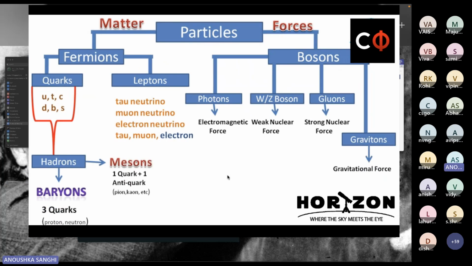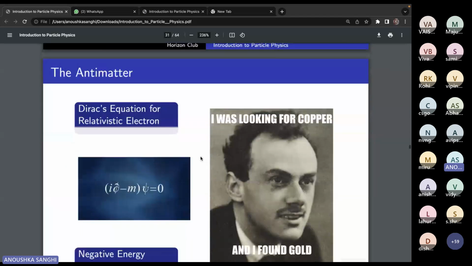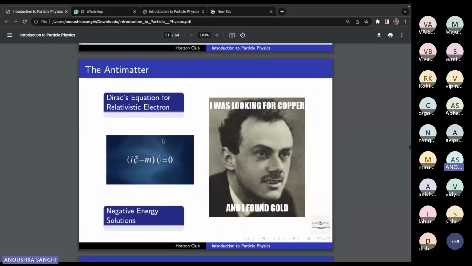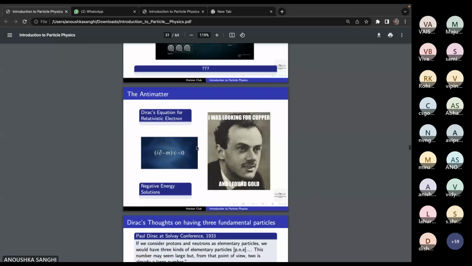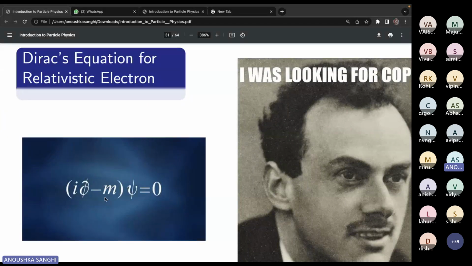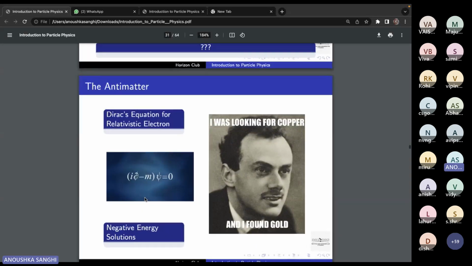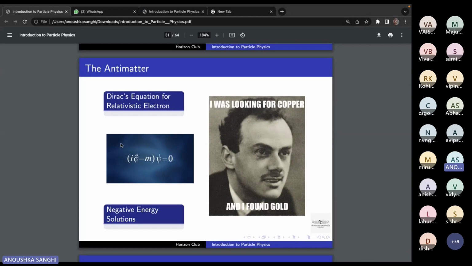And also, here comes a very important concept of antimatter. So please don't get scared by seeing this equation. I'm not going to go deeper into that mathematics, but I can say that Paul Dirac's equation is a relativistic equation for the electron, which shows that matter and antimatter pairs exist.